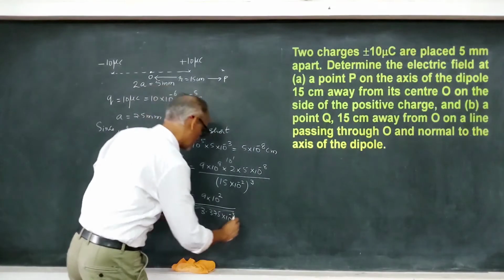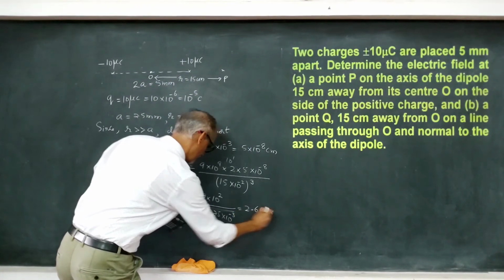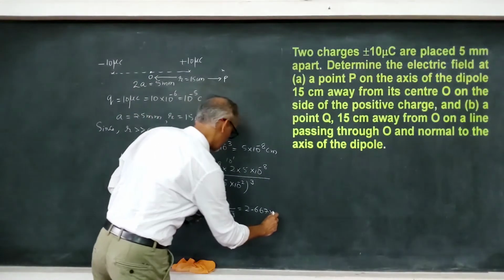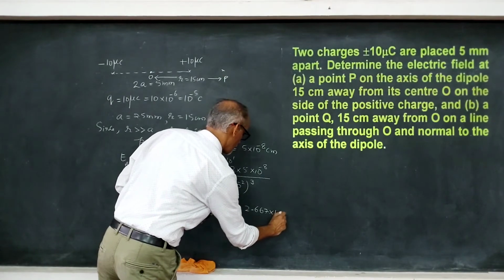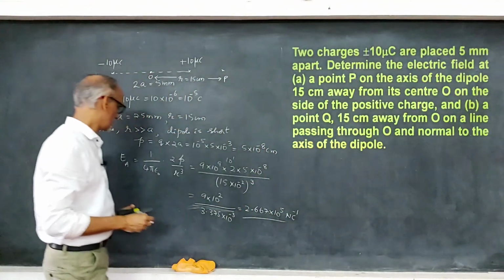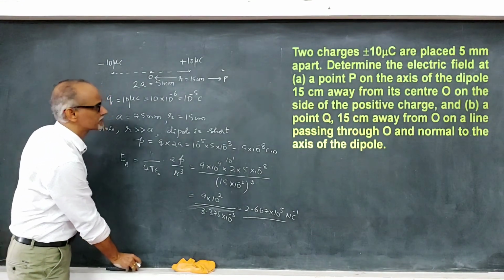So we get a value which is 2.667 into 10 to the power 5 Newton per Coulomb. So this is the answer for electric field at a point on the axial line.